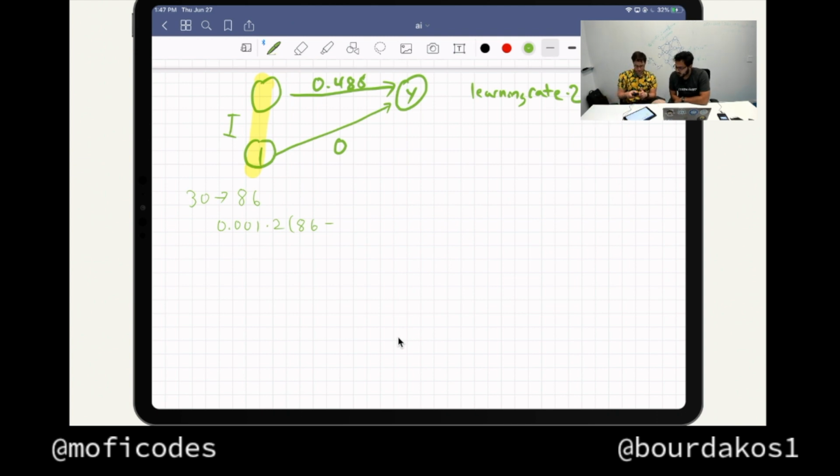I'm going to whip out my calculator. 0.486 times 30 is 14.58.